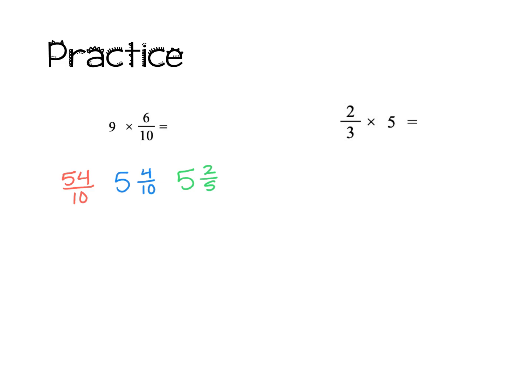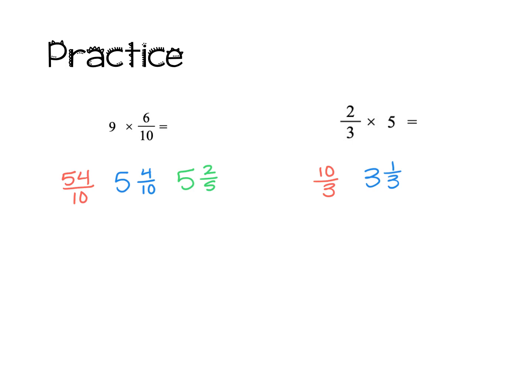For the second one, you should have gotten 10 over 3, which is an improper fraction and can be changed to a mixed number. So it should have been changed to 3 and 1/3. Now 1/3 cannot be simplified, so we would say it's already in lowest terms. So it doesn't have another way to write it.